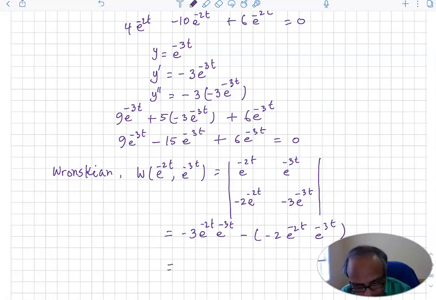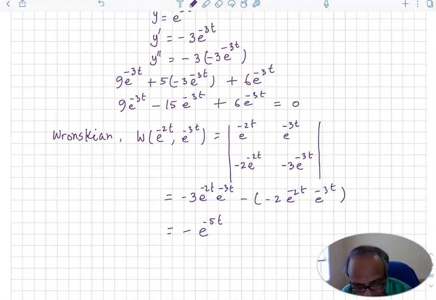Evaluate that. The first term you get negative 3 and the second term you get positive 2, so negative e to the power, in both cases negative 2t and negative 3t, becomes negative 5t, which is not equal to 0.